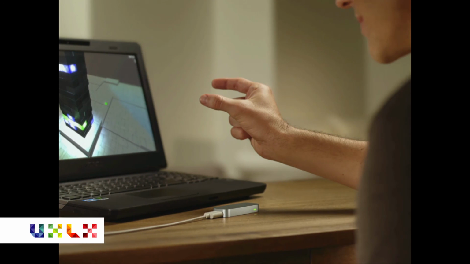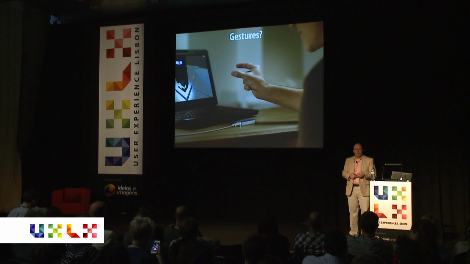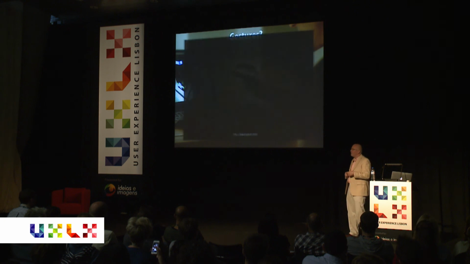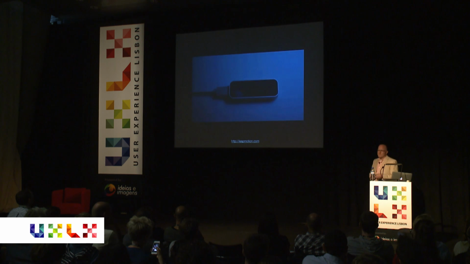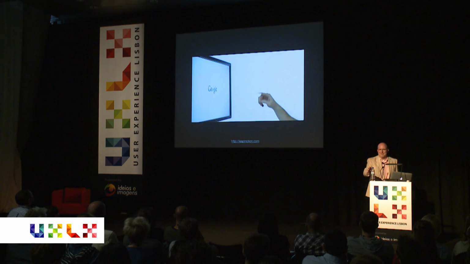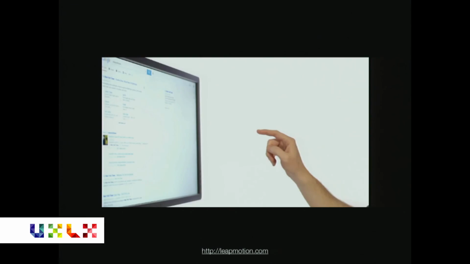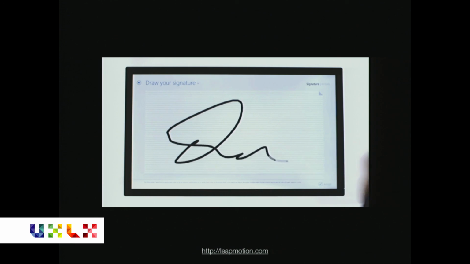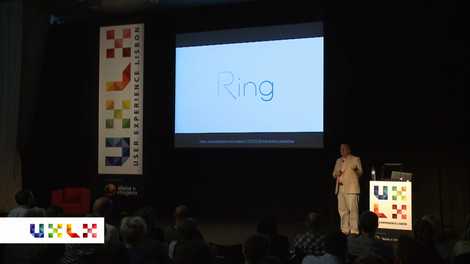What about gestures? There are a couple of really interesting gesture inputs coming down the pipe. Many of you have probably seen Leap. Do any of you own a Leap by chance?